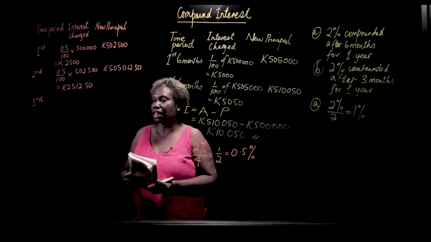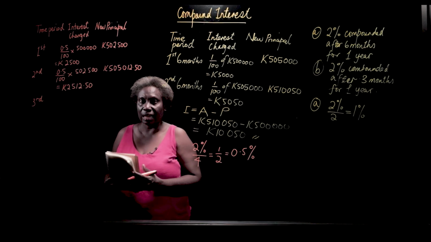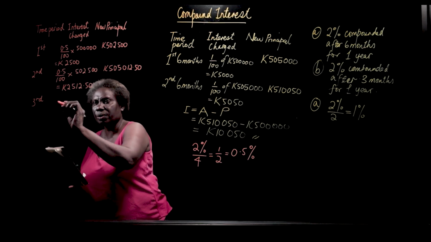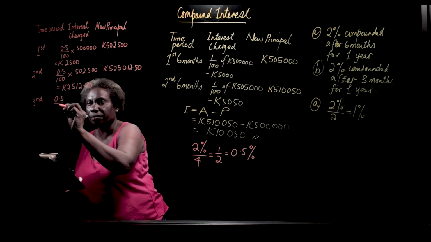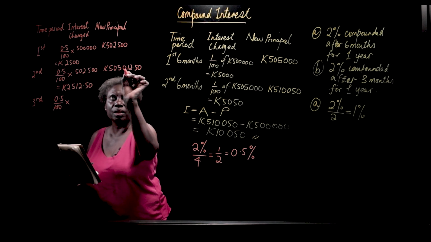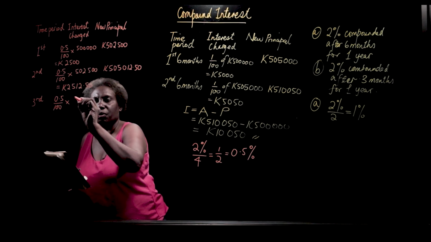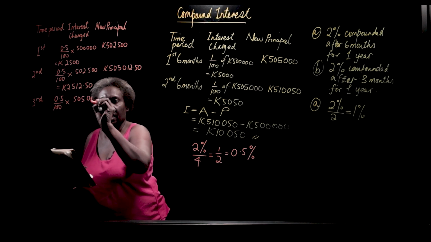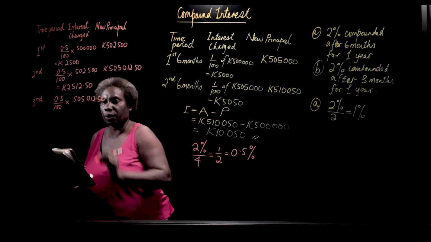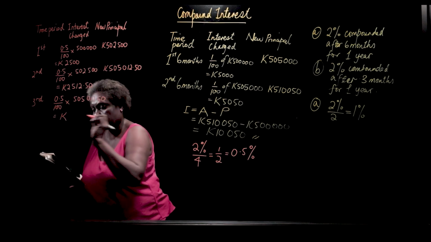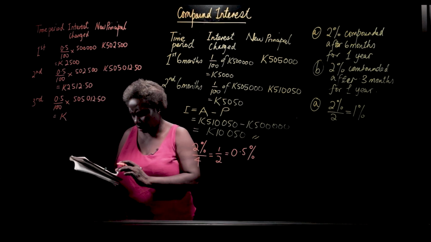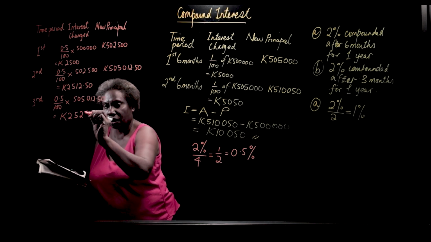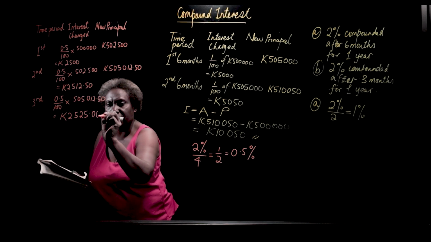Let's see how much is going to be charged at the end of the third quarter, that is after the next 3 months. We have 0.5 over 100 times the previous principal of 505,012 kina 50 toya. And that gives us 2,525 kina 6 toya.